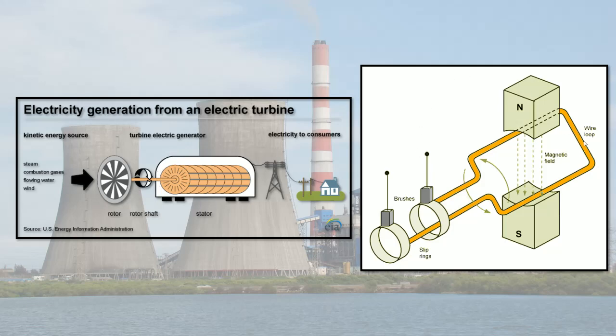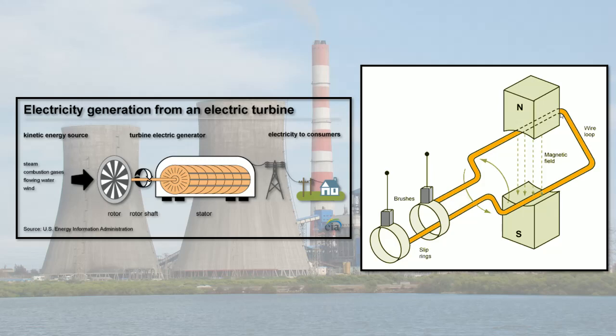Here in this diagram you can see it in a very basic feature. This is an alternator, and this is a wire loop, and it spins inside a magnetic field. When this happens, the electrons move through this wire loop, so electricity is generated.